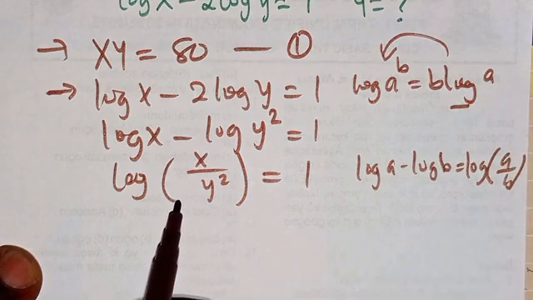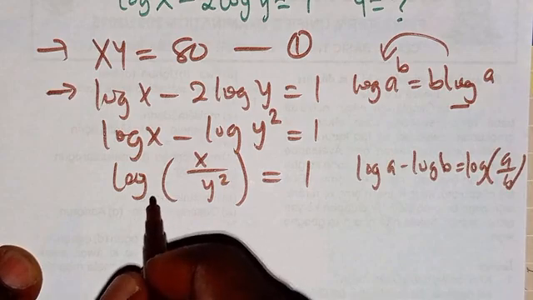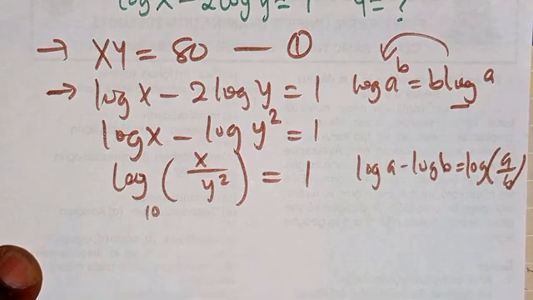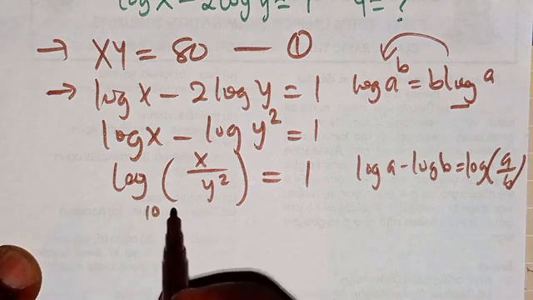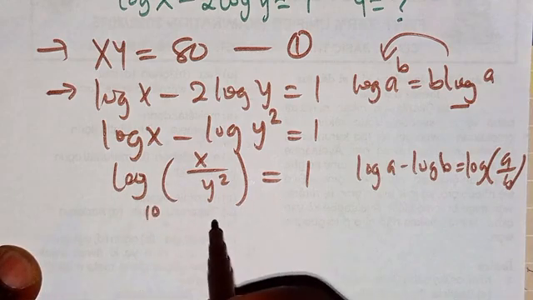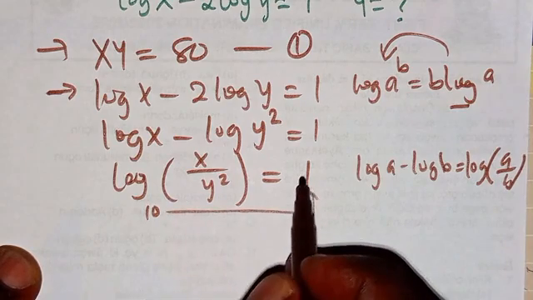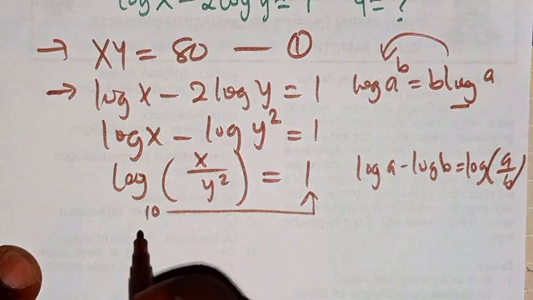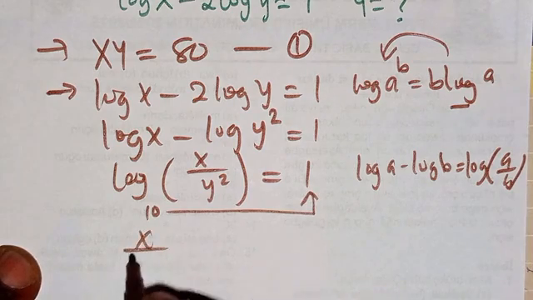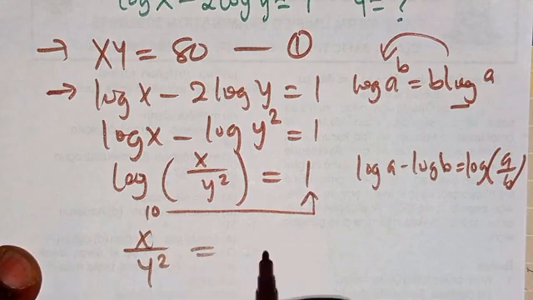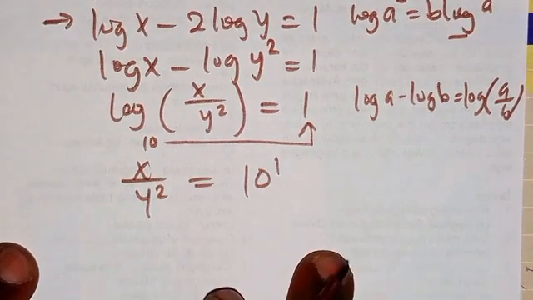So that's what we did here. Don't forget that this is base 10. If you want to rewrite this in exponential form, the base is raised to this one. You're going to have x over y squared equals 10 to the power 1, and 10 to the power 1 is the same thing as 10.